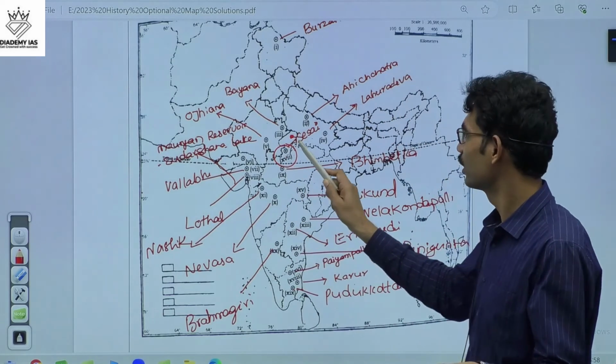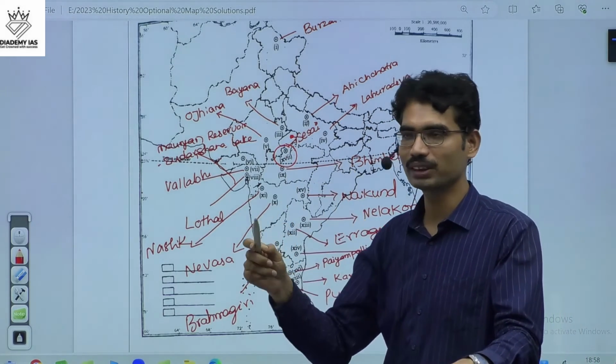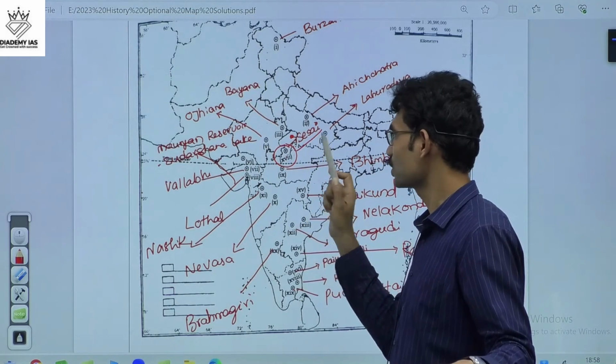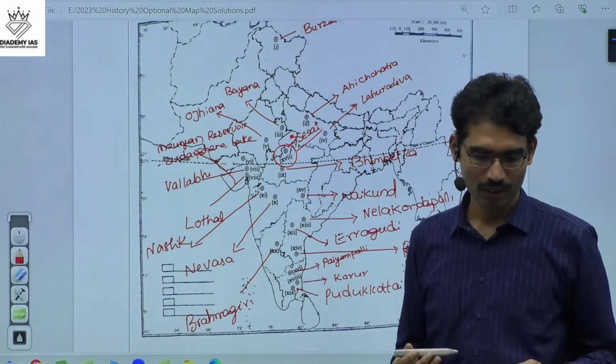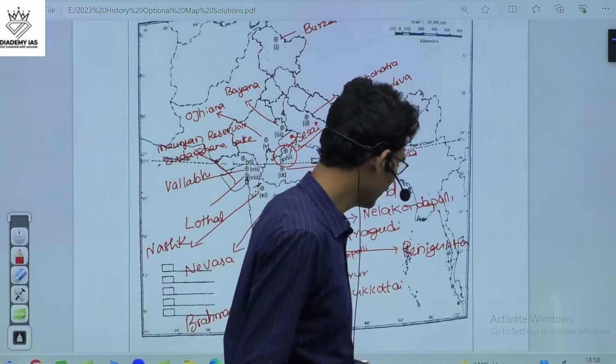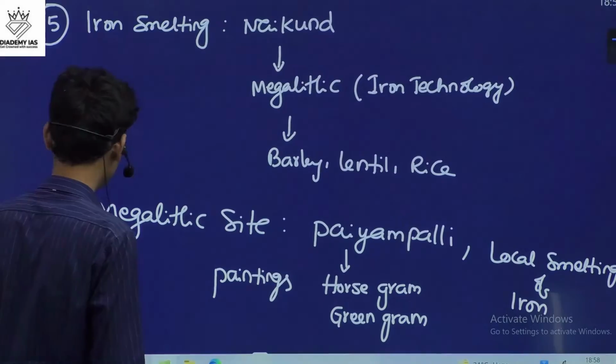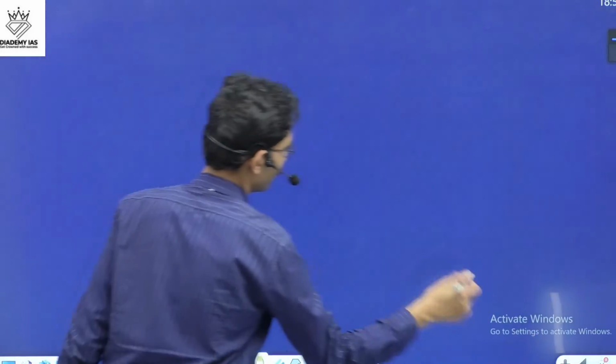And here, the known area is near Shivapuri district, that is Seshai. Temple dedicated to Surya.